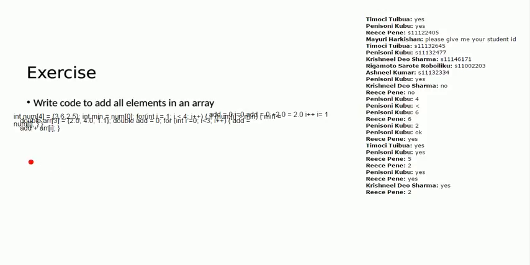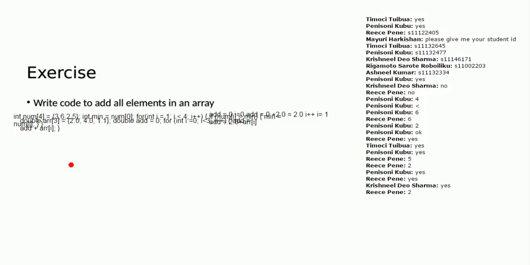So we go back inside the for loop and do whatever is required. What is inside the for loop? Add is equal to add plus array at index i. So what's our add? Add is equal to 2.0. Remember, we've just calculated it.